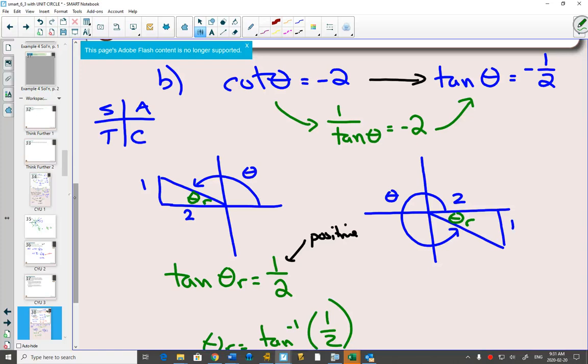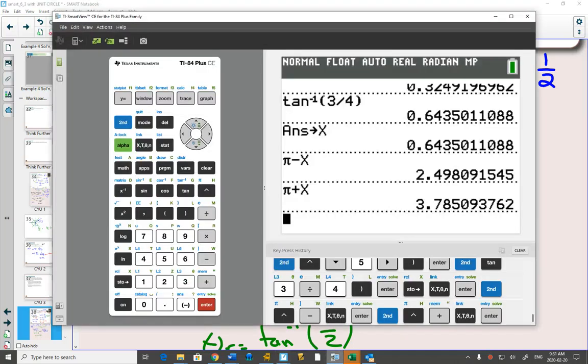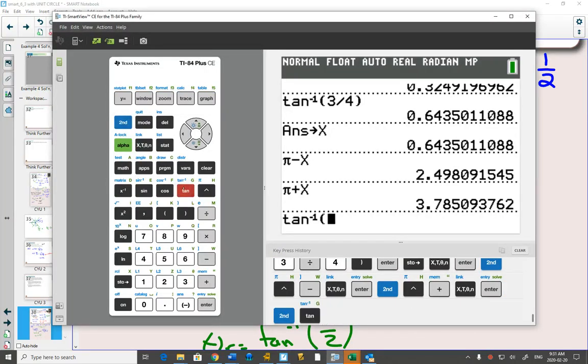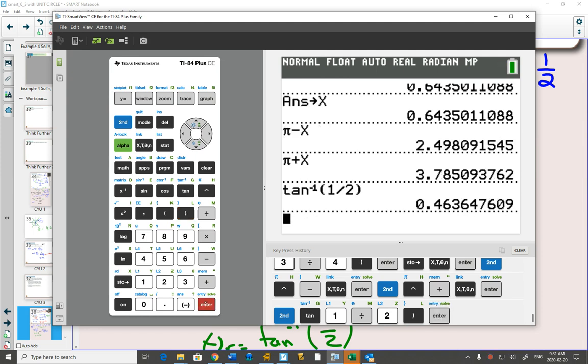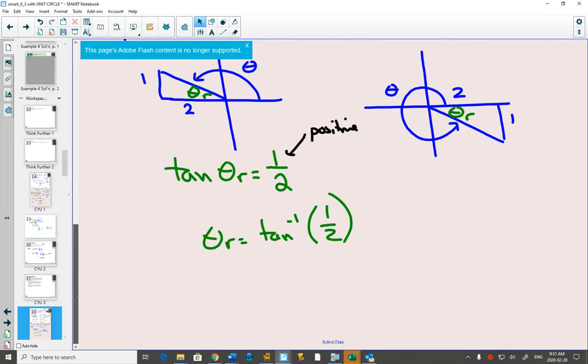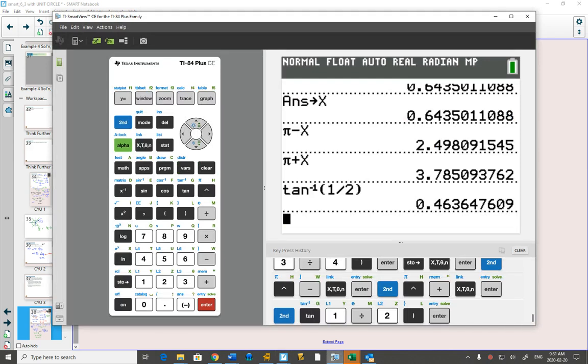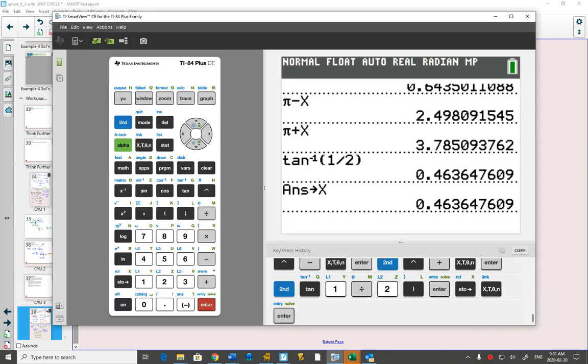So we go to our calculator. Again, we're dealing in radians. So I go tan inverse of 1 divided by 2, and I find out my reference angle is 0.464. And again, I'm going to store this as x so that I can use all the decimal places.